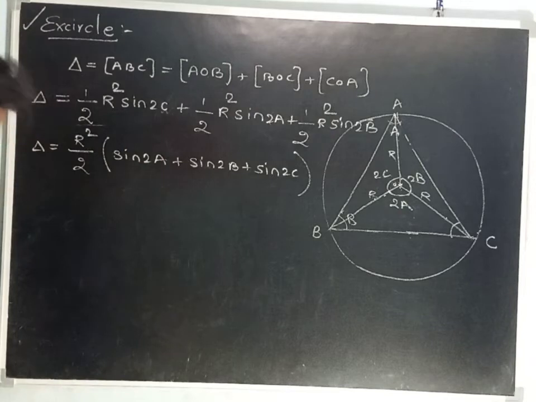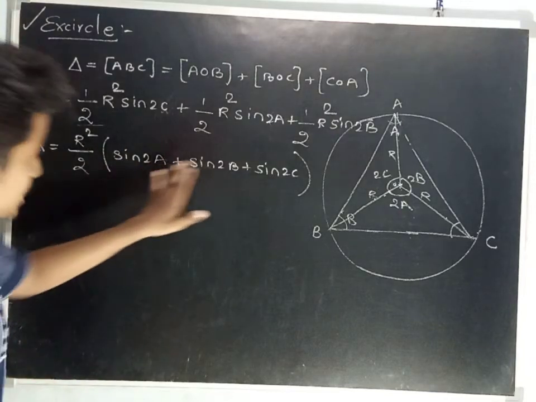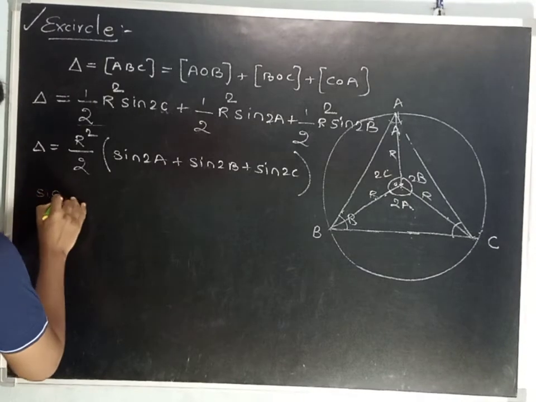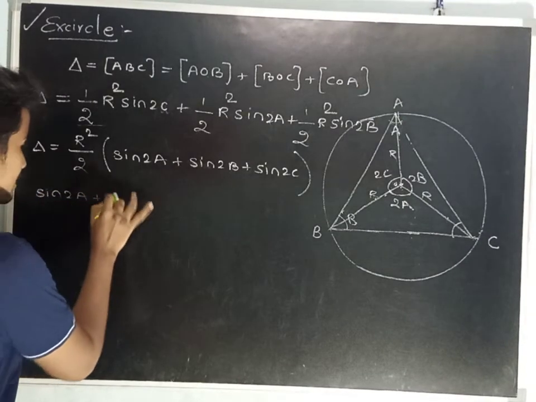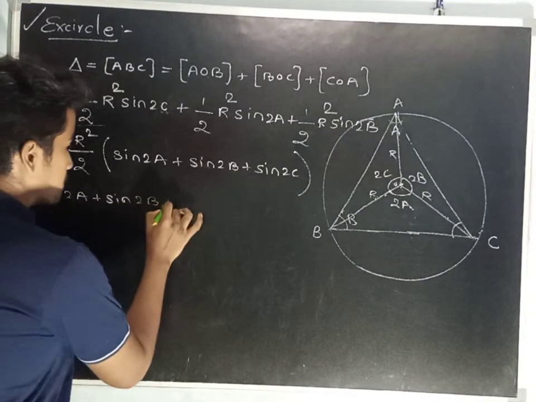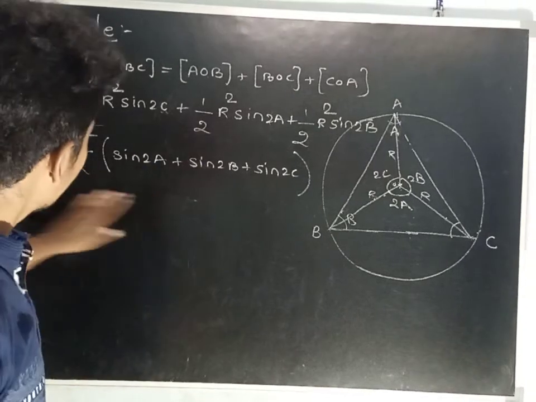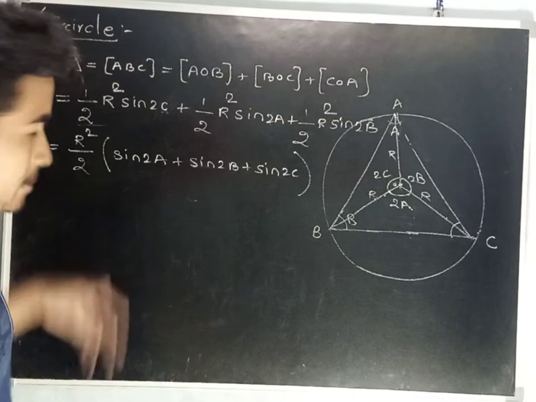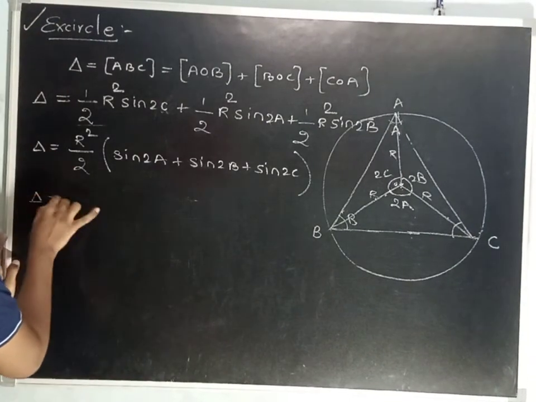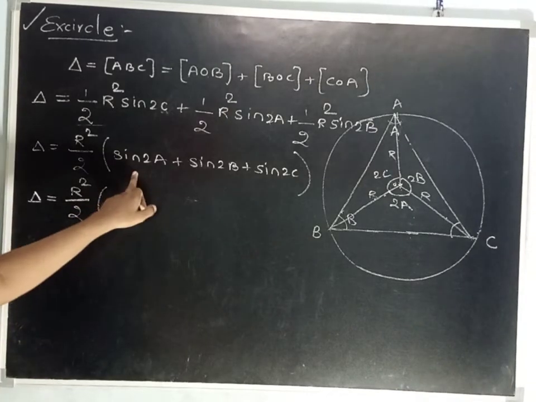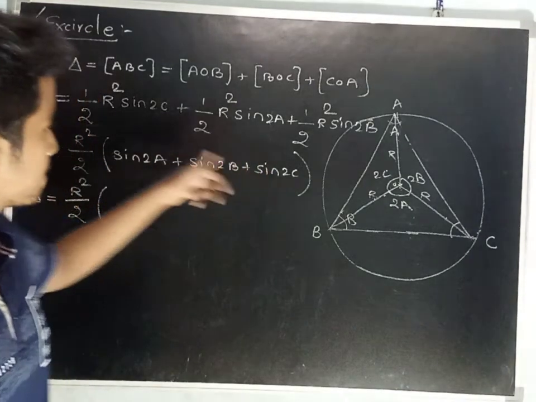Now let me simplify sine 2A plus sine 2B plus sine 2C. Let me make the result clear. Area of triangle is nothing but r square by 2 into sine 2A plus sine 2B plus sine 2C.